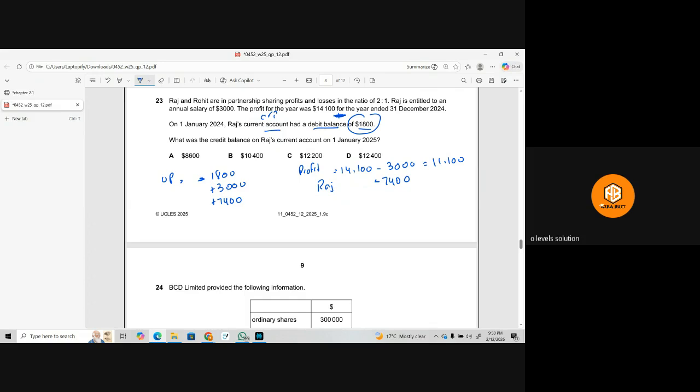Oh wait, I forgot to put the minus on the 1,800. Yeah, I'm getting minus 1,800 plus 3,000 is 1,200, plus 7,400, equal to 8,600. Yeah, 8,600 credit balance, because at the end we got the positive balance. That's why this will be the credit balance.